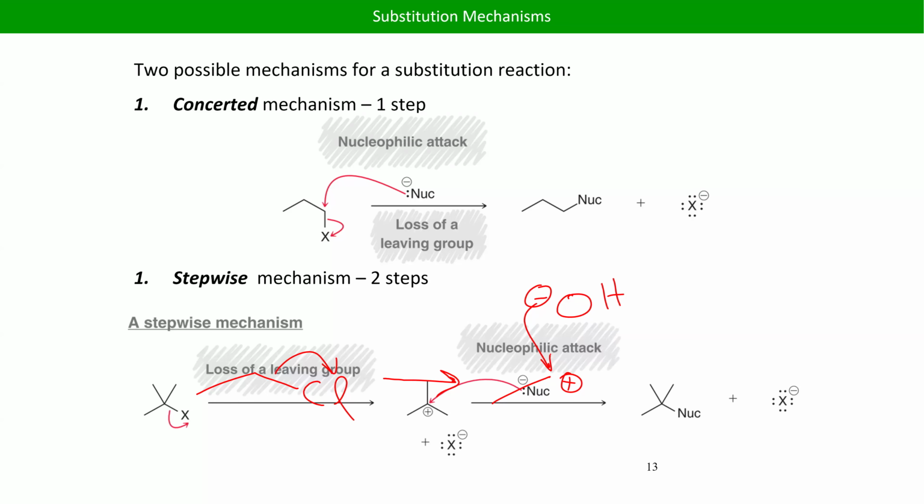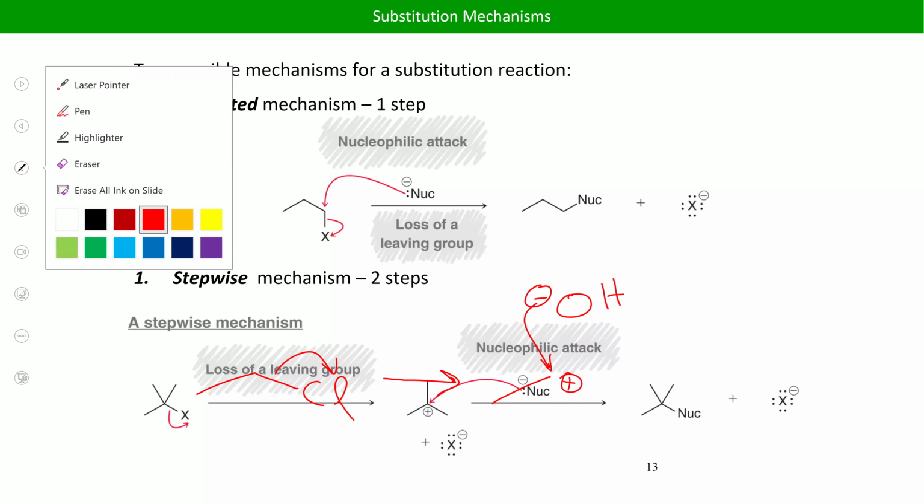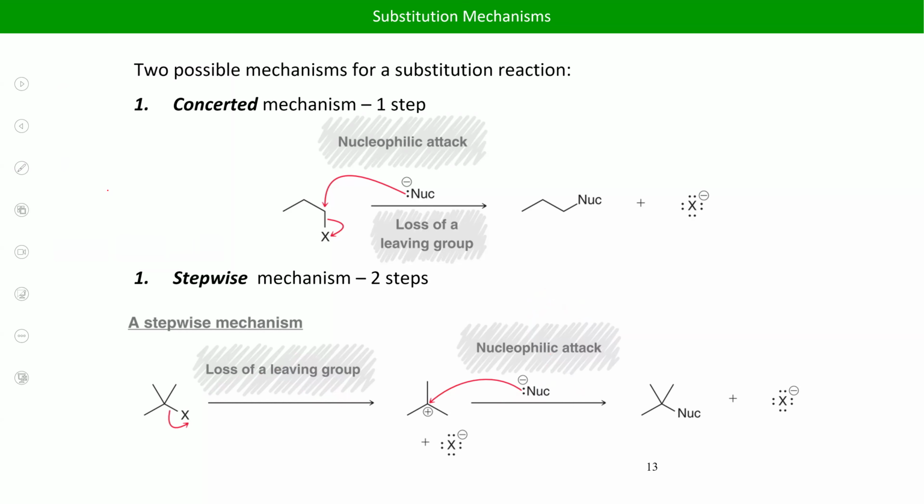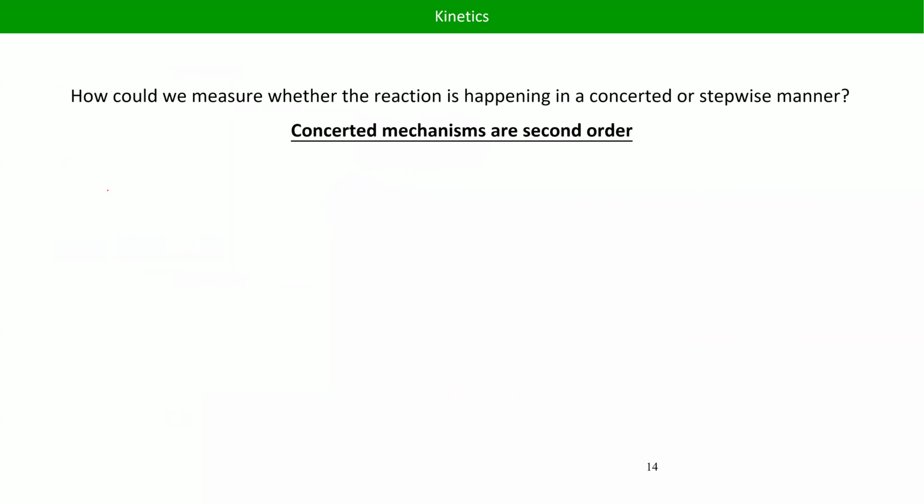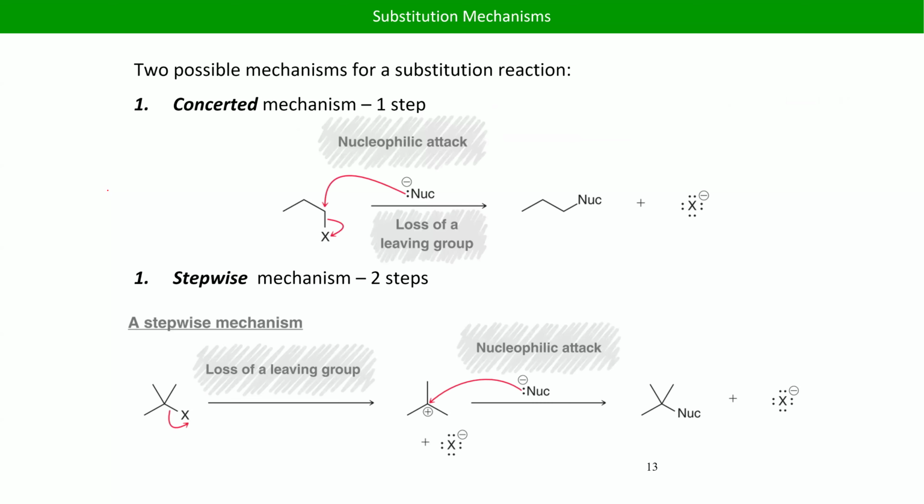Let me clear this, because it has the cleaner drawing. So if your leaving group leaves, nucleophilic attack happens. If we want to know which way it is, just based on looking at these steps, if this is happening in a concerted manner, you need a nucleophile to run into the carbon that has the leaving group, right?